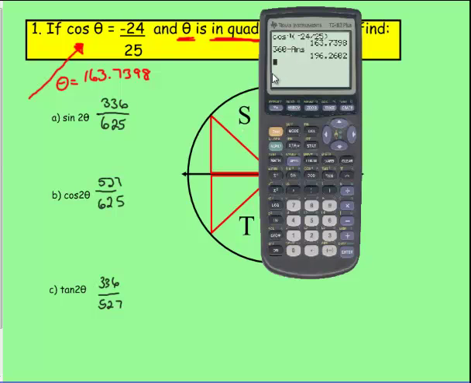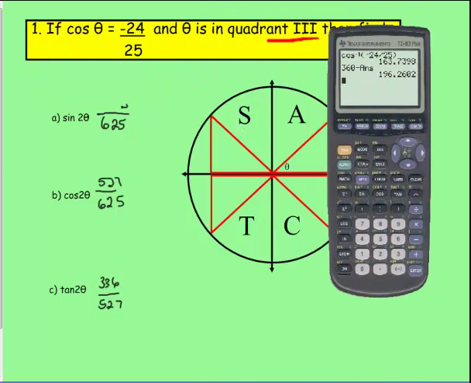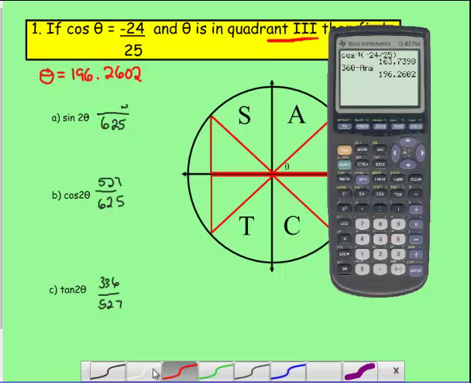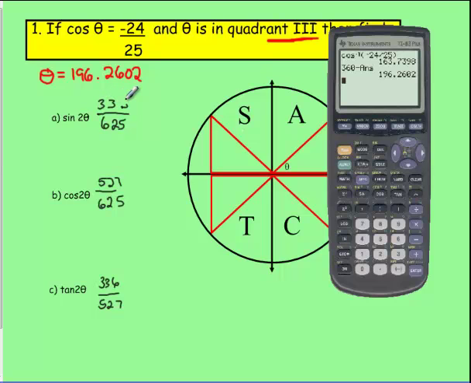So really, the true theta we were looking at was 196.6202. Whoops. And I erased this over here. Sorry. All right, so that's what theta is.